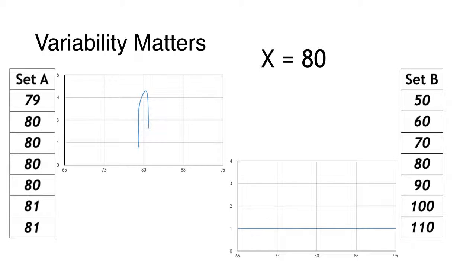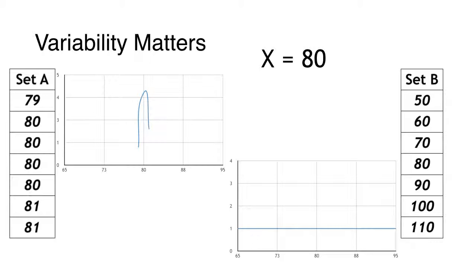You've got to keep in mind that variability matters. Look at these two sets of scores. Both of these have a mean of 80. But on the left, with set A, the range went from 79 to 81. So the scores were very tightly clustered, really high kurtosis here.